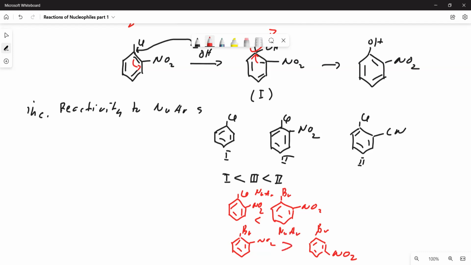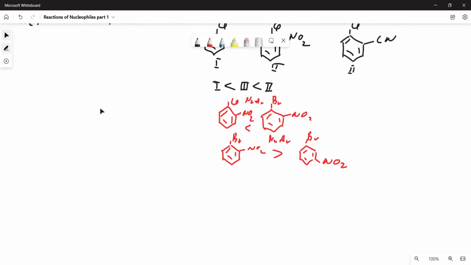This will be faster because the intermediate, remember the intermediate as you can see above, is stabilized at the ortho and para positions. So here you have the nitro at the ortho that will stabilize the carbanion compared to the meta. So therefore, the first one will be faster in terms of kinetics.